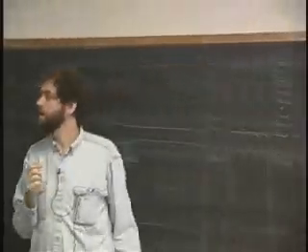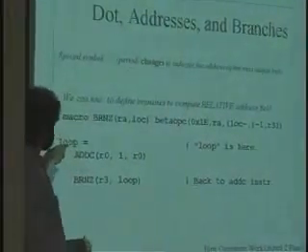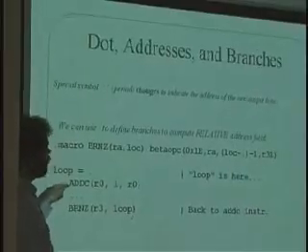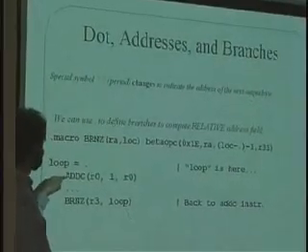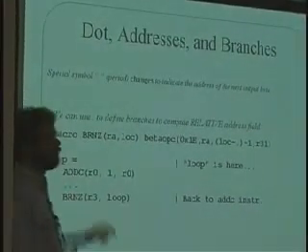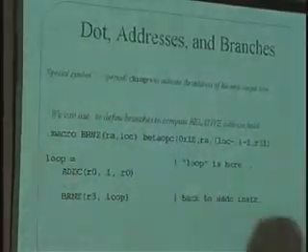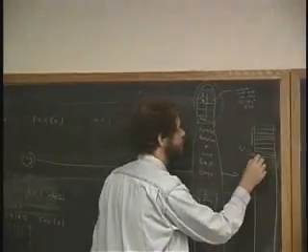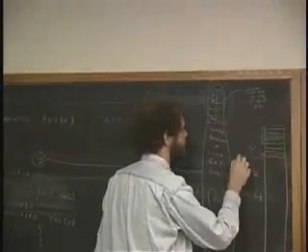And so an example is, if I say loop equals dot, what I'm saying is make the symbol loop equal to the value of where we are in the output file where we're about to put out the instruction add C. So let's say we're about to put out an add C, and add C is going to be a bunch of bits, which I don't know off the top of my head, right? But let's say that this means add C.